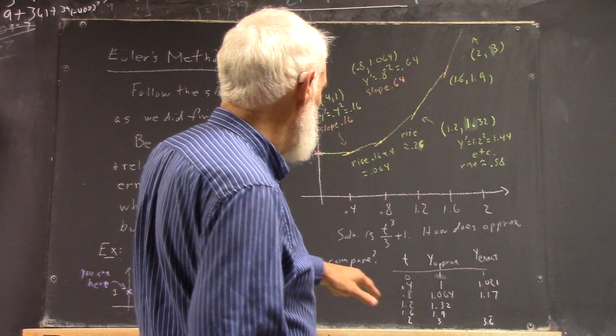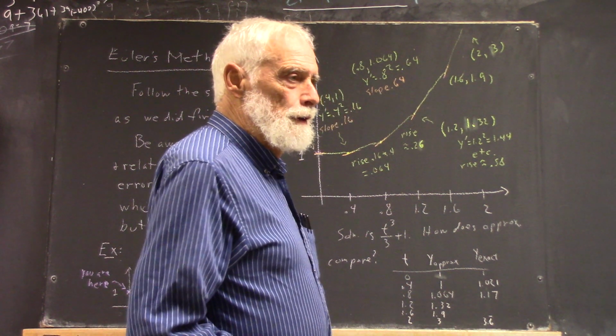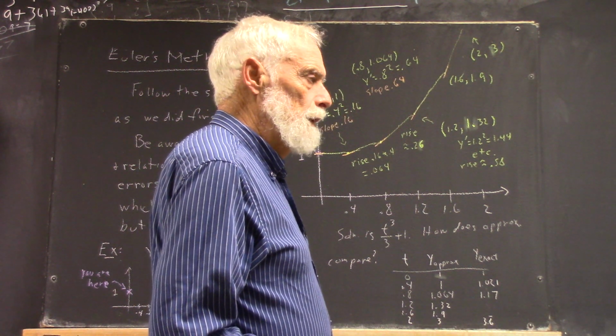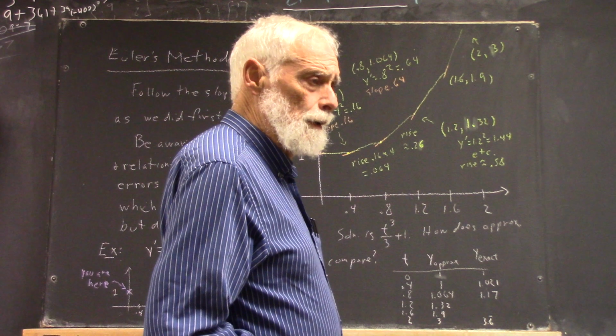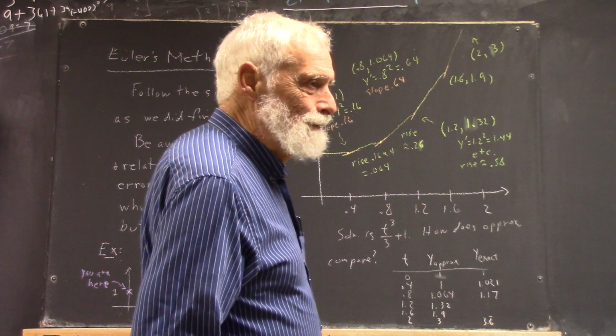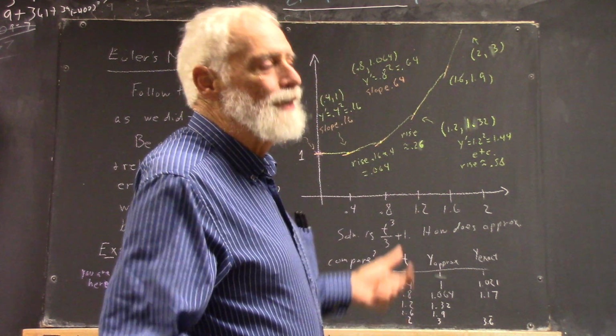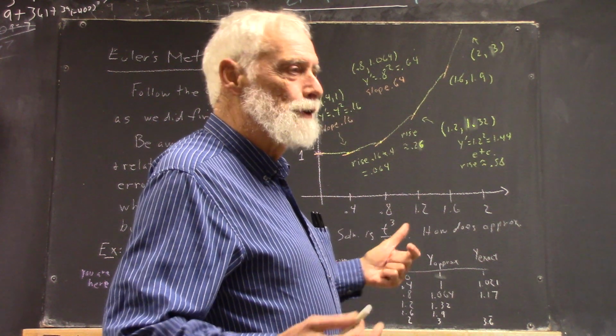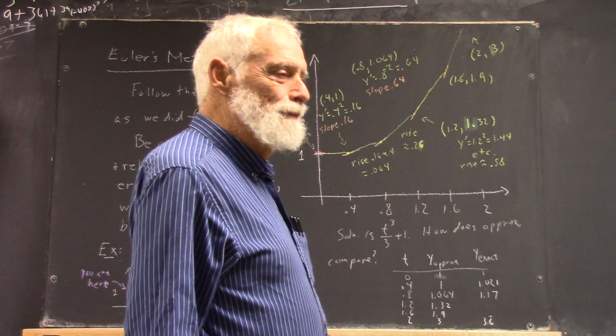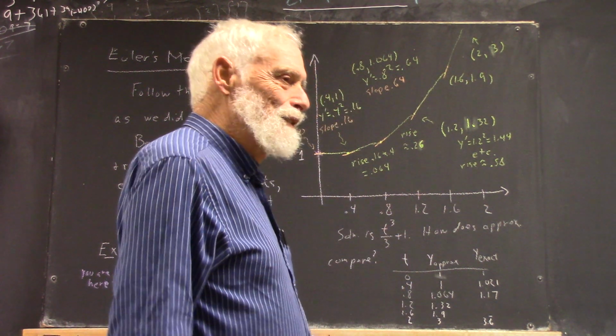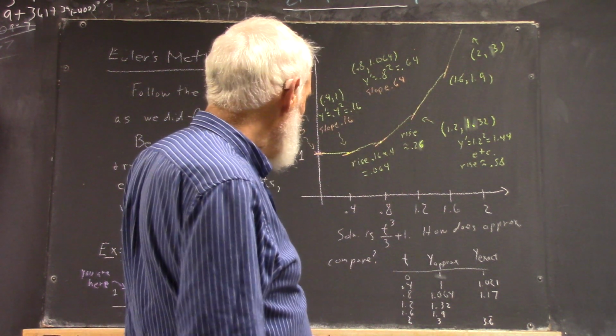So, 1.2 cubed is 1.732. 1,732 cubic inches in a cubic foot. Okay? 12 cubed.